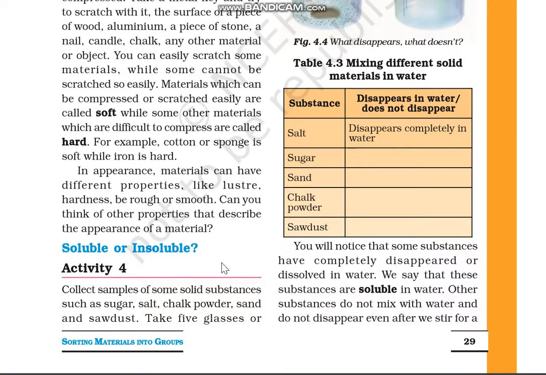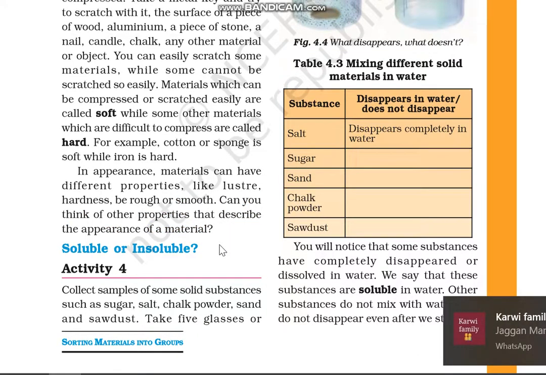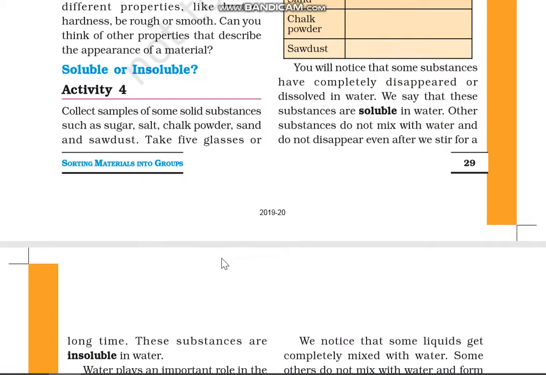Solubility and insolubility. Solubility means the property that substances are soluble or insoluble. If a substance can be dissolved in water, it is called a soluble substance.